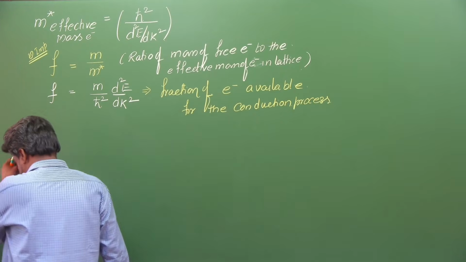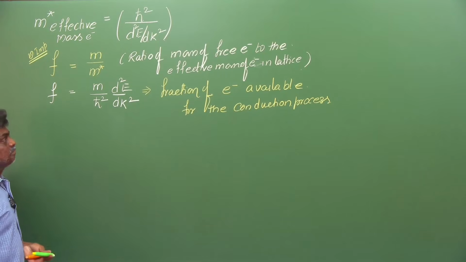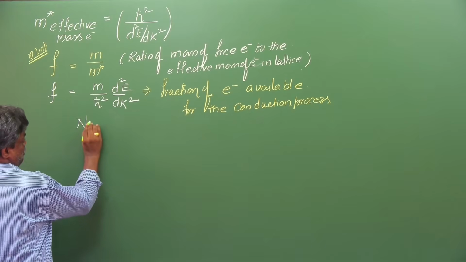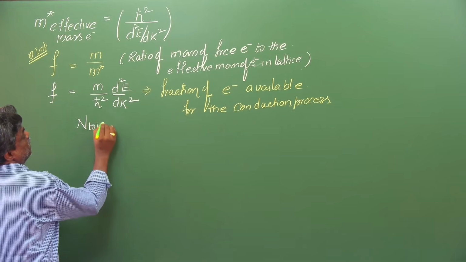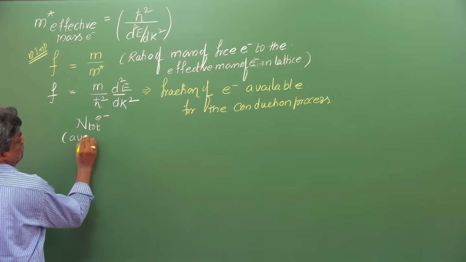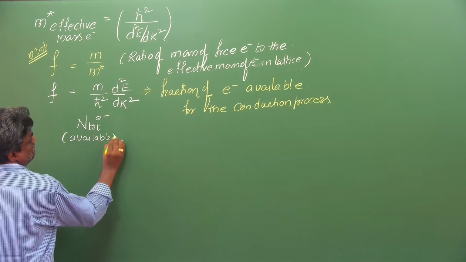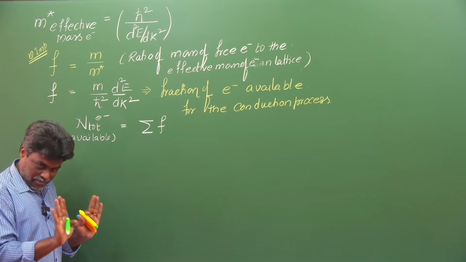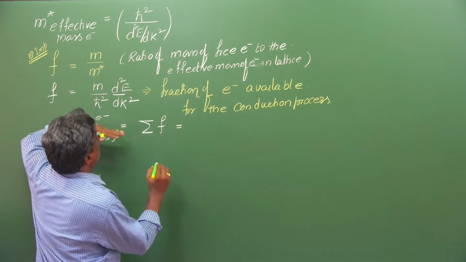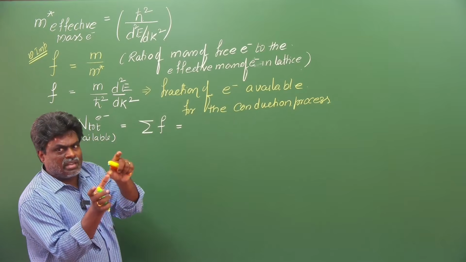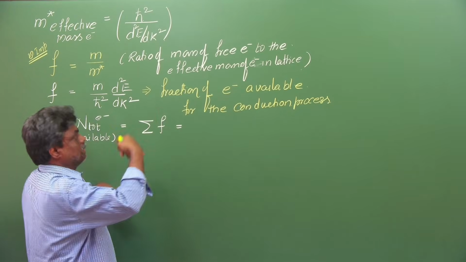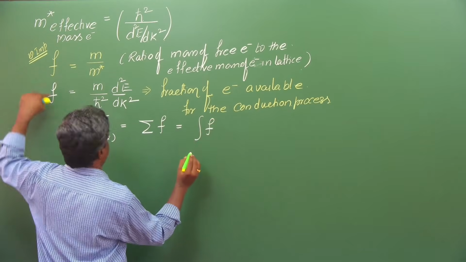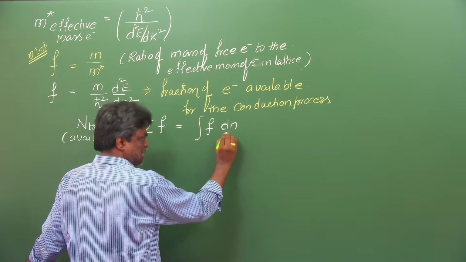Wait a minute, I'm going to find this. Everyone please listen. Sir, okay, it's a fraction, but how can I find the total number of electrons? Yes, you can find. The total number of electrons available is simply equal to sigma F. But the states are not discrete or countable, they are uncountable. That's why it is the integral of F, this fraction, into the density of states.